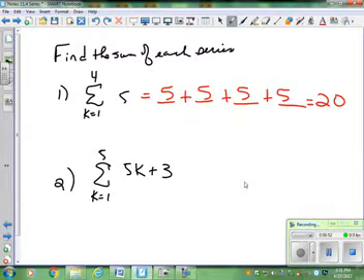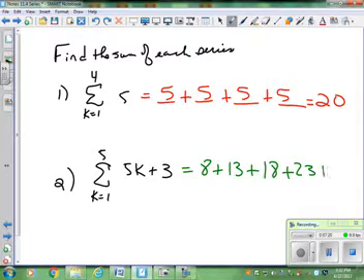All right, so in the next one, we're going to put in the numbers from 1 to 5. So this is where your calculator could come in real handy, because you could type this 5k plus 3 in your calculator and just go get these 5 numbers off the list. But I'll just do them real quick, because plugging in a 1 makes 8. Plug in 2 times 5 is 10, plus 3 makes 13. Plug in 3 times 5 is 15, plus 3 is 18. It's going up by 5 each time, and I need 5 numbers, so I'll just make 2 more numbers.